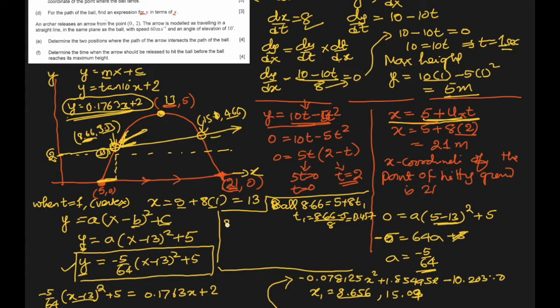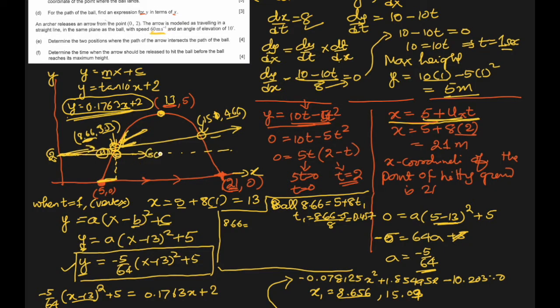Now for the arrow, 8.66 is again the x component. We want the same x component, but we want to know the time it will take to reach that x component, and the equation will be in this horizontal line only, right? We want to reach in x direction here. So it will be 8.66 x component, and what is the x component of the speed? It is 60 meters per second in this direction.